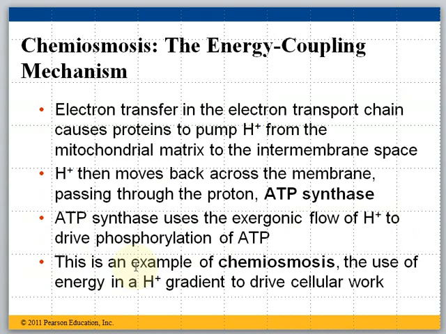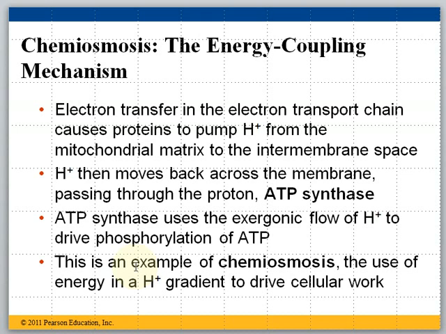So finally, last but not least, what are we releasing this energy for? What's this little cell machine that I keep talking about that's going to create the ATP? Well, this process is called chemiosmosis, and it's called an energy coupling mechanism. The electron transfer in this whole transport chain causes proteins to pump H plus ions from the mitochondrial matrix to the inner membrane space.